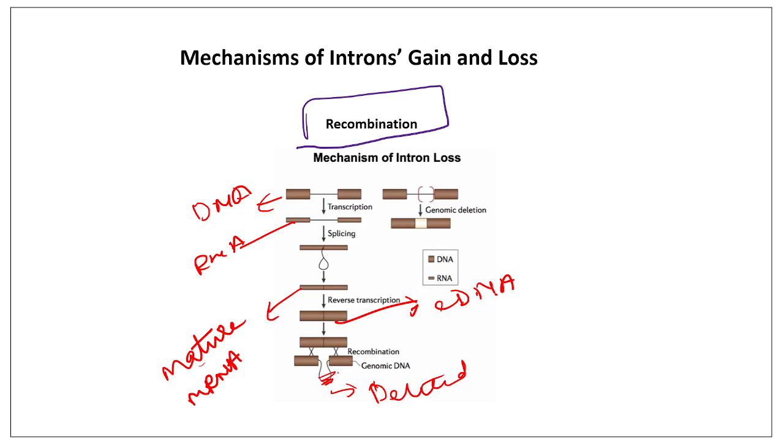Therefore, intron loss takes place because the cDNA is recombining with the genomic DNA of itself. So this will combine with this, so there is intron loss. This intron would be deleted. So this intron loss would take place.